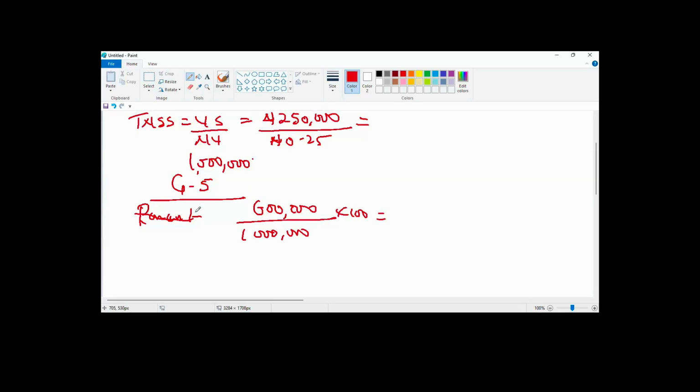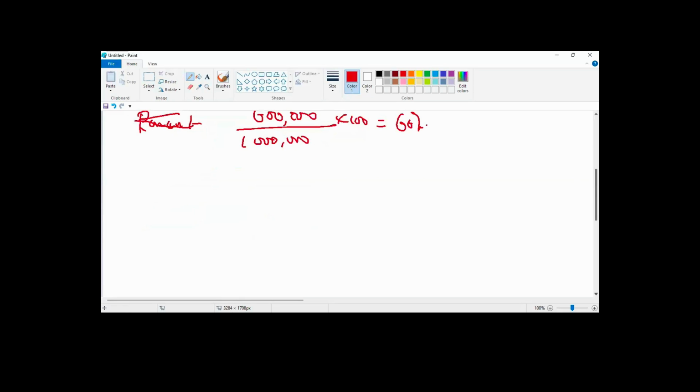How many percent? 60%. Parent 60%, NCI 40%.